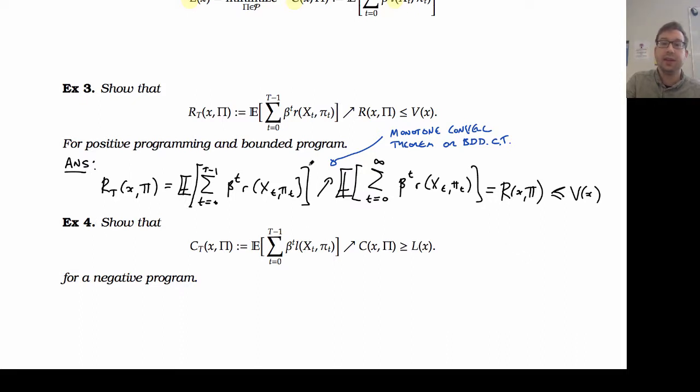Then exercise 4, again nothing too hard. Show that the optimal cost function up until time t, which is this finite sum, converges up to c of x. Again, that is just the monotone convergence theorem.